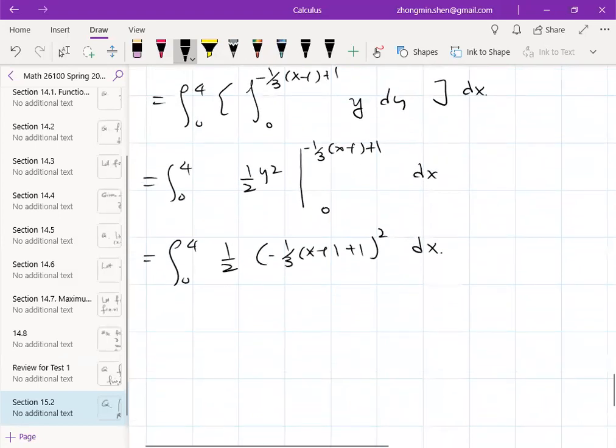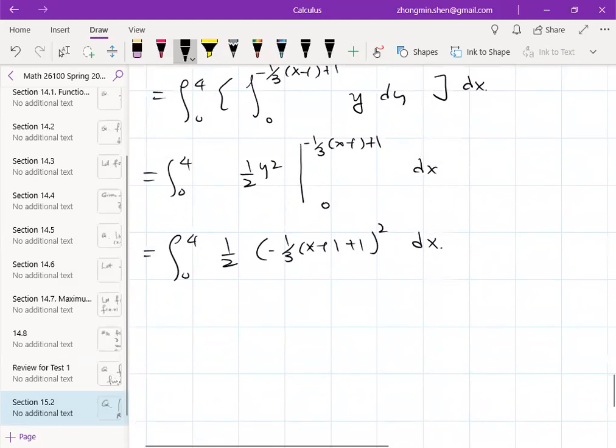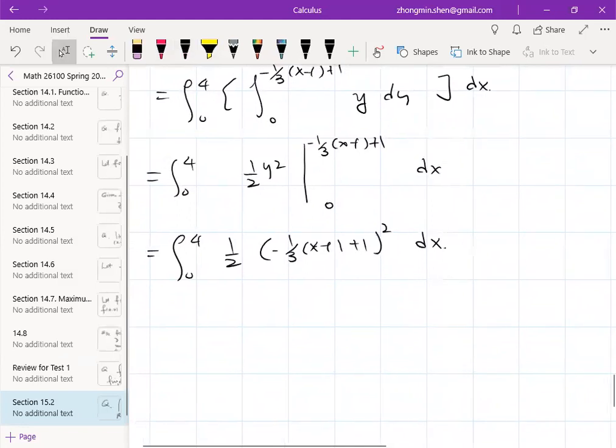How can I simplify this? I think I'm going to use a substitution. That saves me time. Otherwise, I have to use polynomials, which is too complicated. I'm going to use substitution this time.